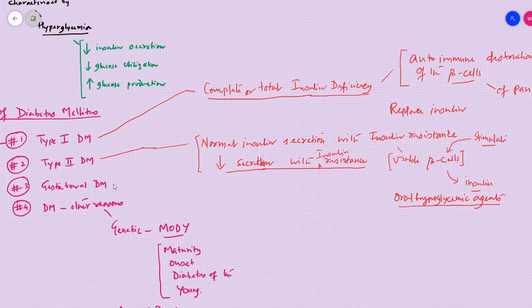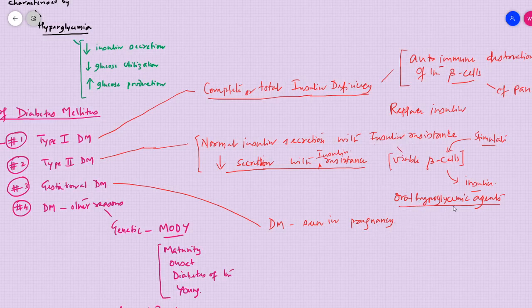Okay. Then there is gestational diabetes mellitus. So this is diabetes mellitus which is seen in pregnancy. The option would be to either use oral hypoglycemic agents or to use insulin in this case.